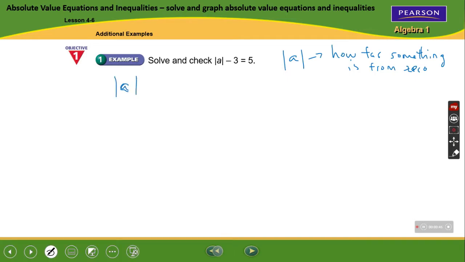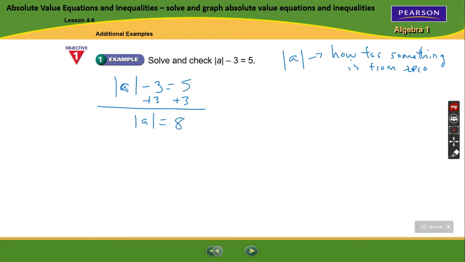Let's start it off kind of normal. We've got the absolute value of a minus 3 equals 5. First, as usual, we go plus 3 on both sides, and we're left with the absolute value of a equal to 8. Picture a number line: what has a distance to 0 that is equal to 8?